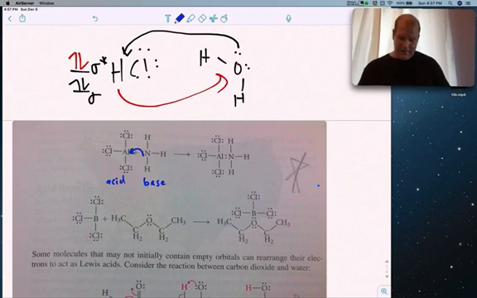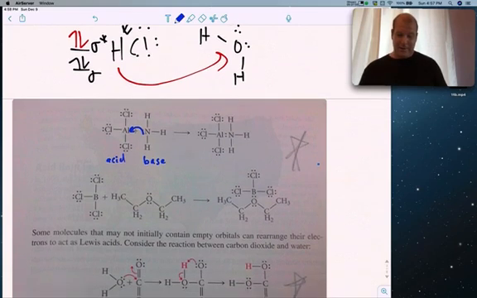Here water is the base, and water is going to donate electron density to the hydrochloric acid, and adding that electron density will pop off the hydrogen from the anti-bonding orbital, and then that hydrogen will attach itself to the water. So that is the actual process that goes on. That's the best way to look at it, at least as far as where the electrons are going.